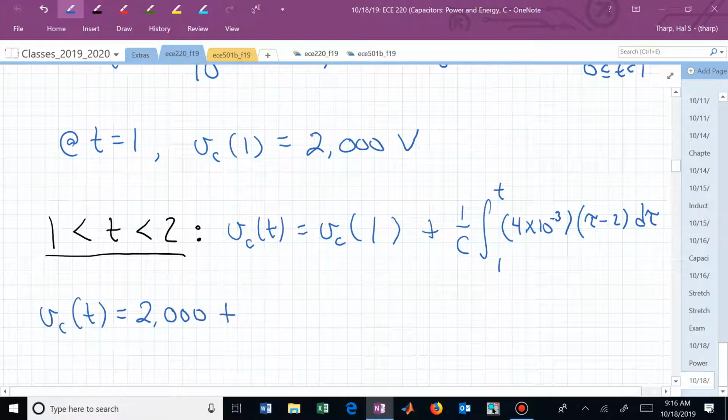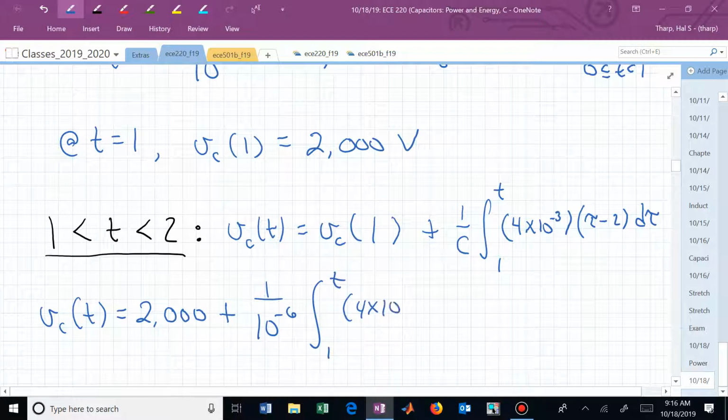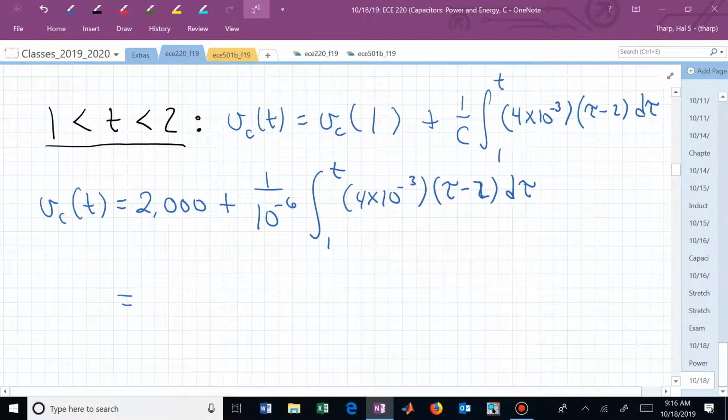We now are starting that voltage at 2000, and we need to now evaluate the integral. This is now 1 over 10 to the minus 6, integral from 1 to t, 4 times 10 to the minus 3, giving myself time to remember how I'm going to integrate this. We can distribute that integral across the two terms and just integrate a tau and a constant.